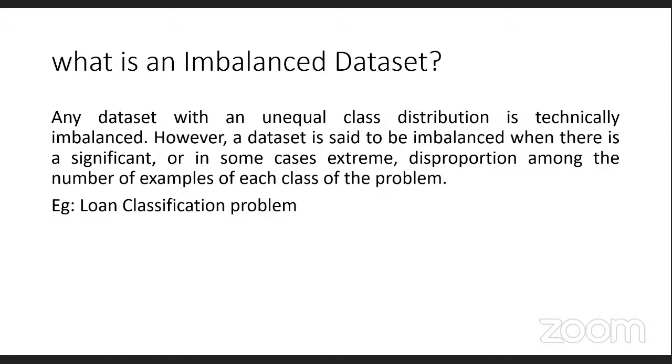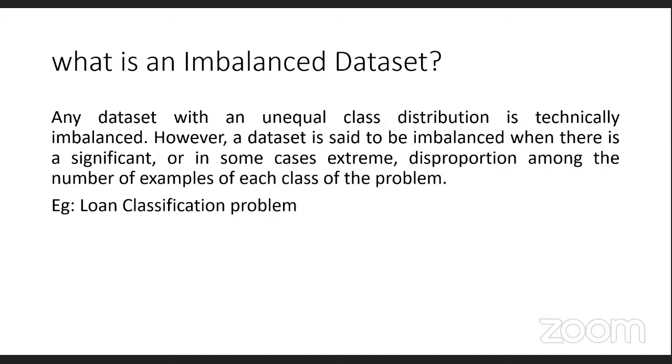But if one class has much more data, for example only 10% of the loans are defaulted and 90% of the loans are not defaulted, then that kind of data set can be called an imbalanced data set.